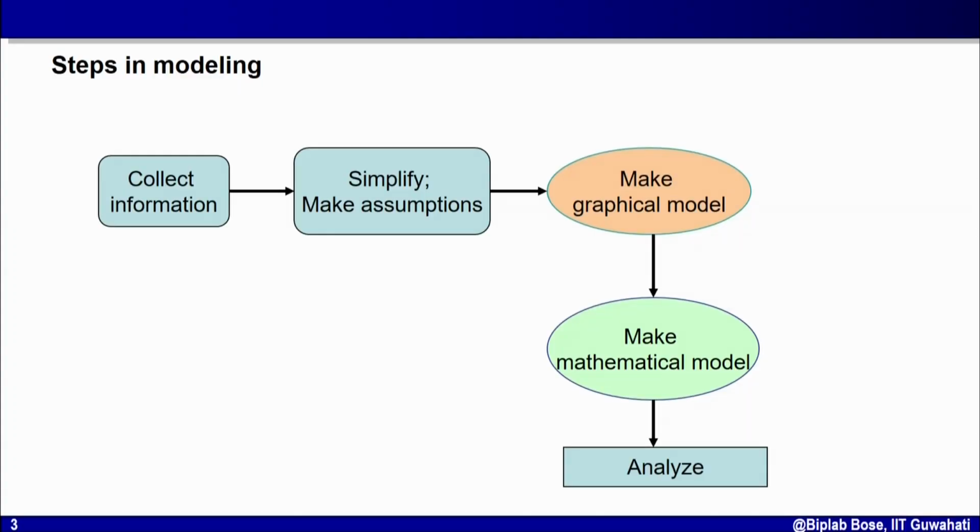So let us look into the steps in mathematical modeling, particularly dynamical modeling in biological systems. The first and foremost requirement is that you have to collect information about the process that you want to model. Suppose you want to model the dynamics of signaling by insulin in our cells. You have to collect all the information required for modeling this.